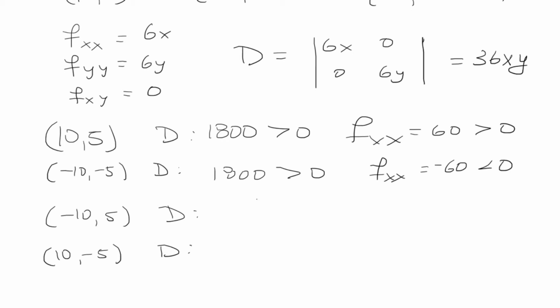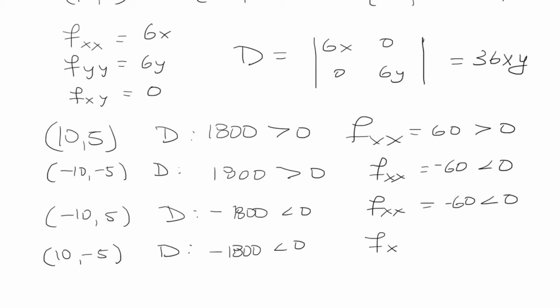Because one of them is positive and the other is negative, we know the discriminant is going to be negative. So it's going to be negative 1800 for both. And the second derivative with respect to x here is going to be negative 60, since x is negative 10. And for this one, it's going to be positive 60. Okay, now let's classify these.